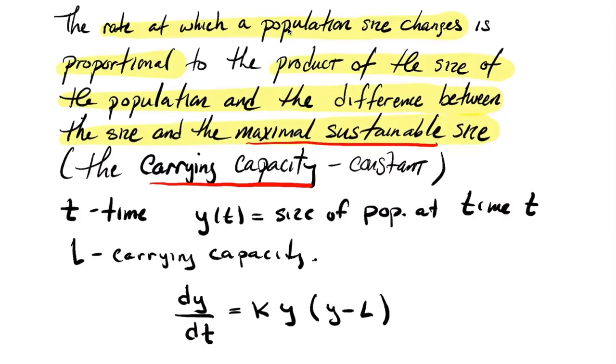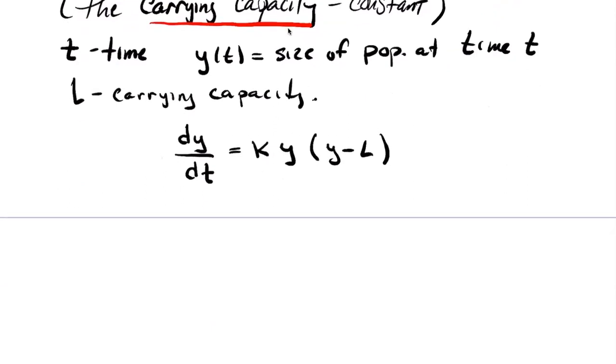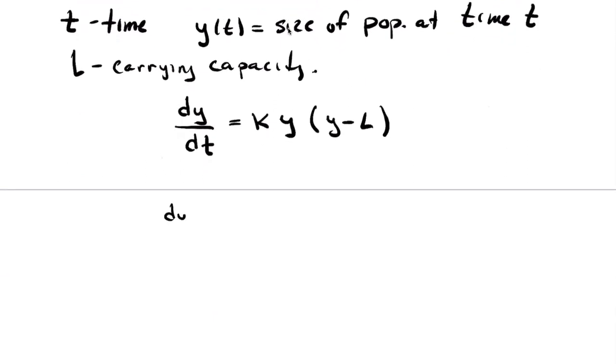So it's the product of y and y minus L. This is the logistic model written as a differential equation. And that differential equation is separable. If I divide both sides by y times y minus L and multiply both sides by dt, it's a separable differential equation, which we will solve by integrating both sides.